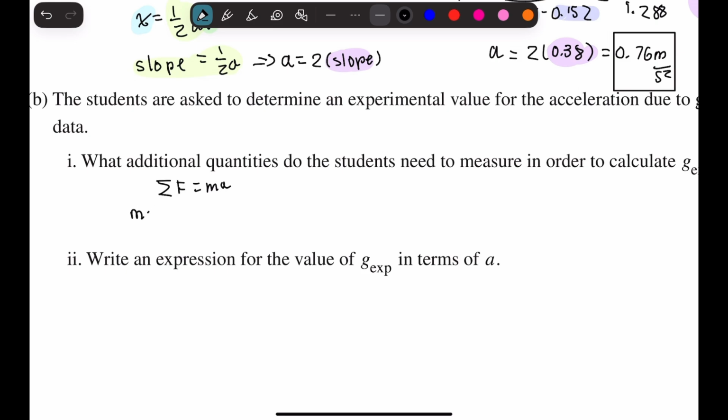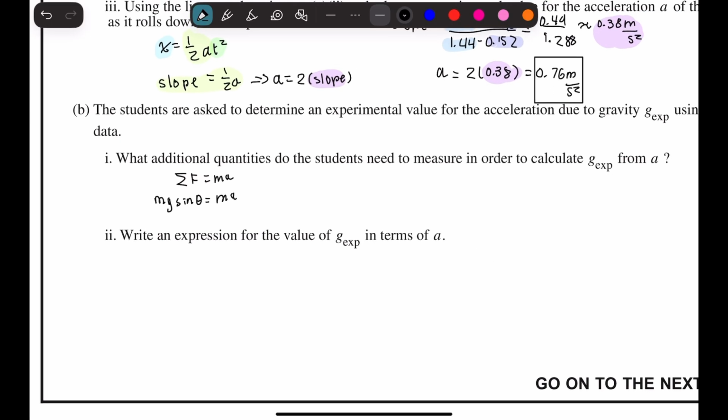And then we have mg sine theta from inclined planes is equal to MA. So what we need is, the students must measure the angle of the ramp.